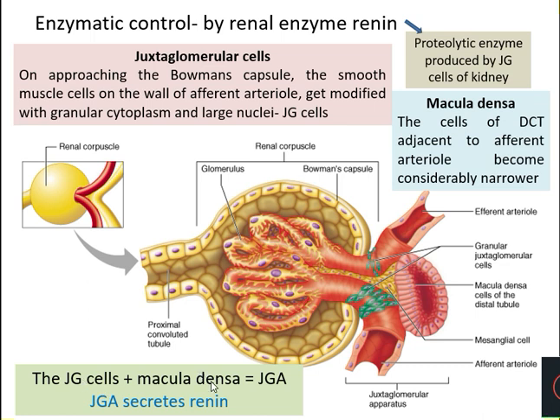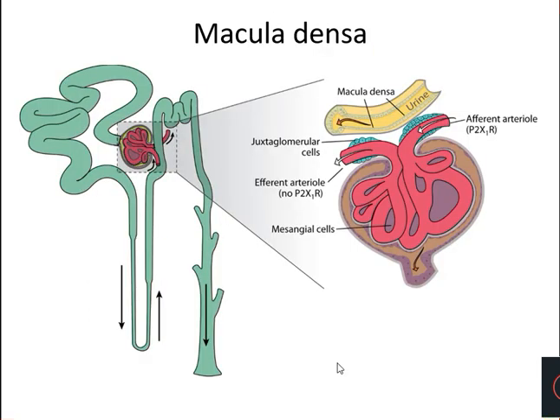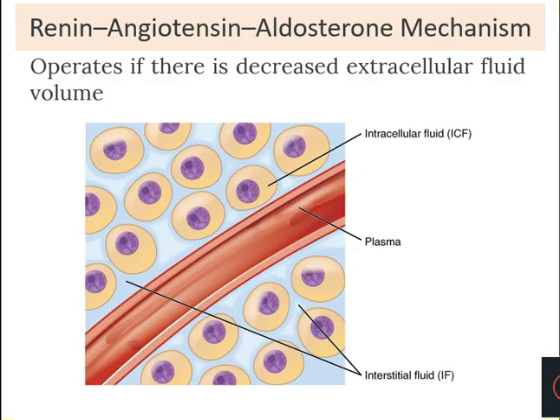What are JG cells? The smooth muscle cells modified on the wall of the afferent arteriole. What is macula densa? The narrow group of cells on the wall of the DCT once it comes in contact with the afferent arteriole. So at this place is the macula densa. Together they secrete the renin. Now we will go to this mechanism.